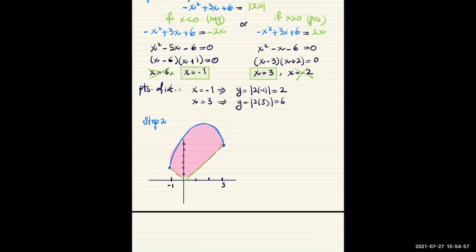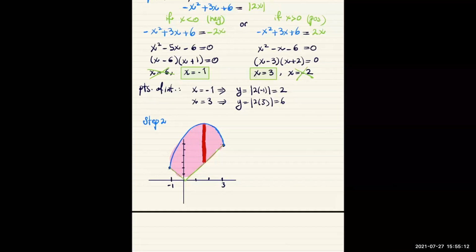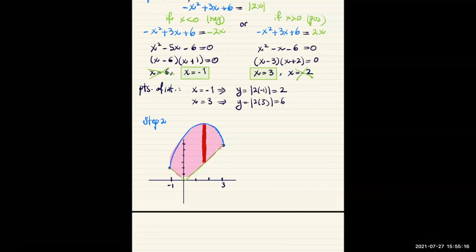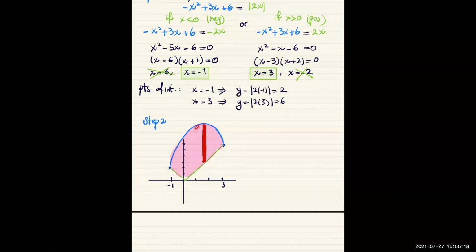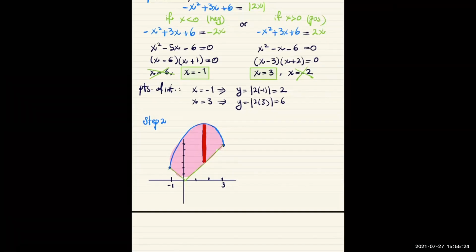Because I can draw a strip, let's say here. The top function for this strip is the parabola, but the bottom function is this line.